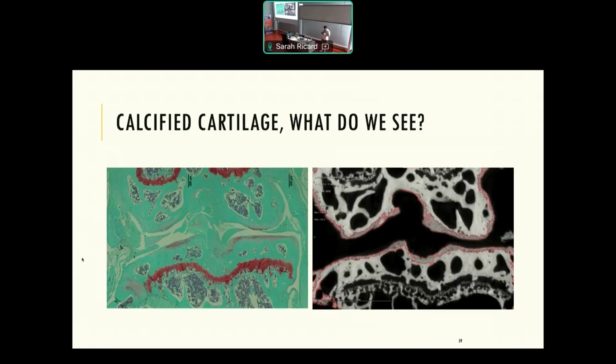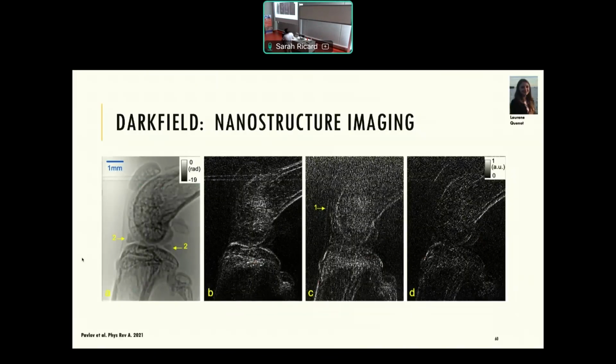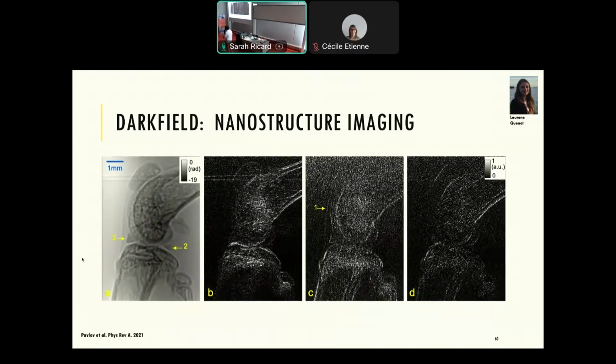And what is interesting, and another signal that we have not really investigated for this virtual histology, is this dark field structure. So this is a standard radiography. No, this is a phase radiography, sorry. What is interesting is that you see the meniscus here, calcified meniscus, but you don't see it really well in dark field. I think we have here sensitivity to the nanostructure of the calcified structure.